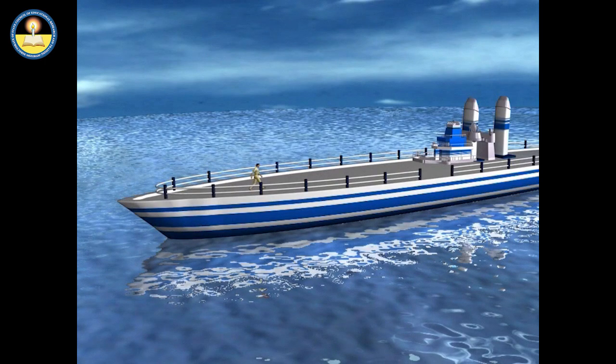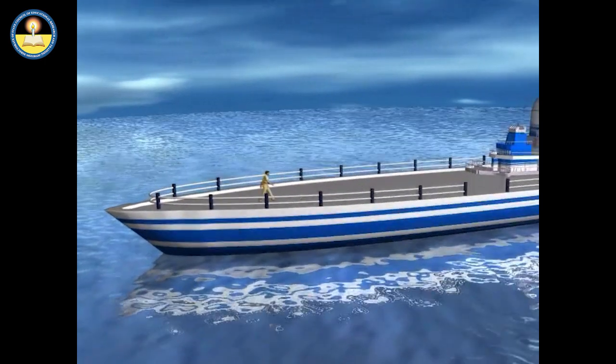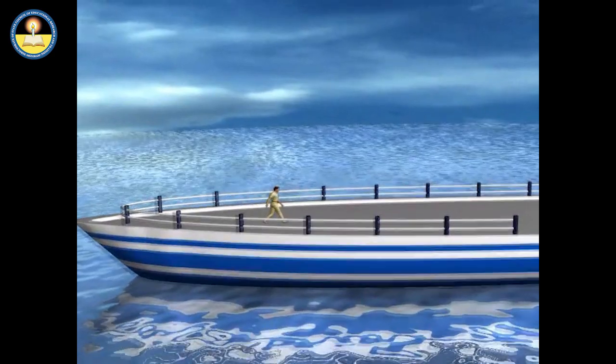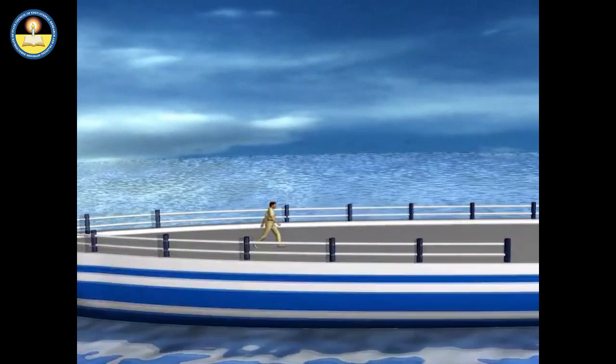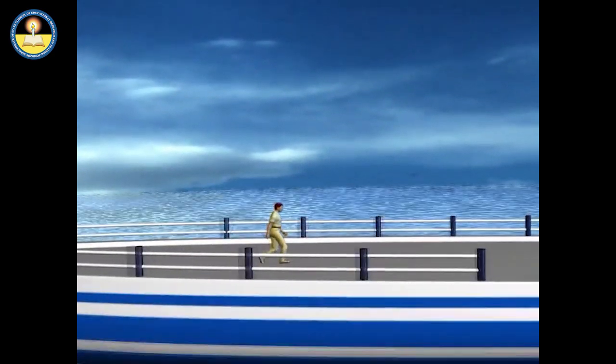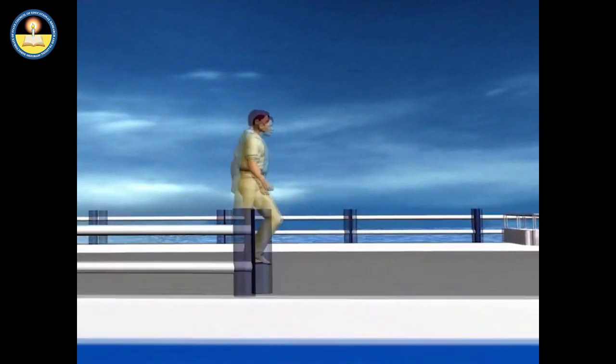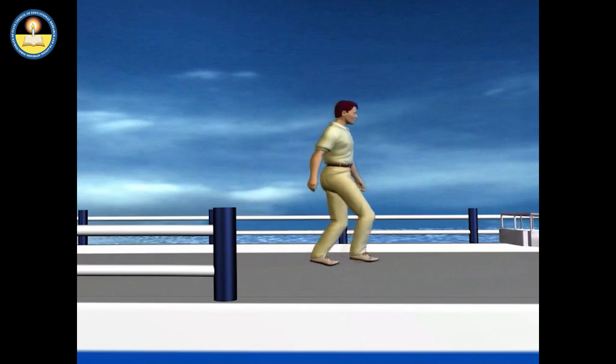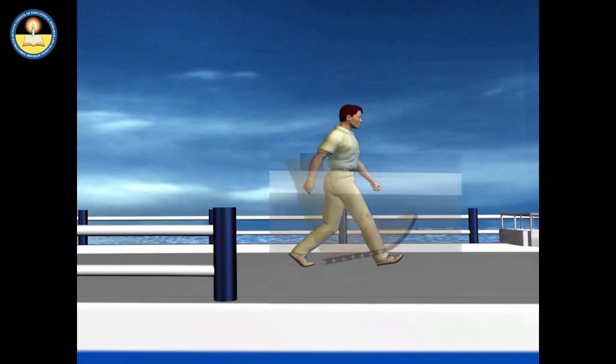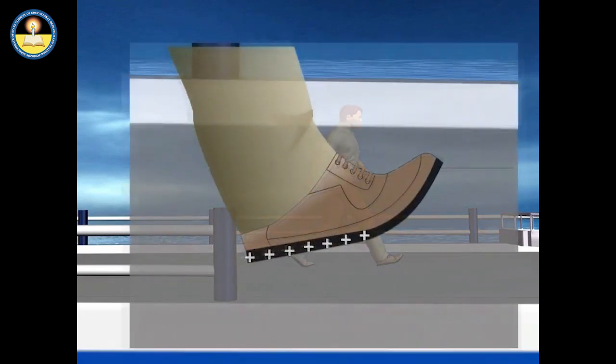Do you know that the passengers on ships, especially on oil tankers, are provided with metal-plated shoes? When a person walks on the deck of a ship, the soles of his shoes develop a charge on them due to friction.